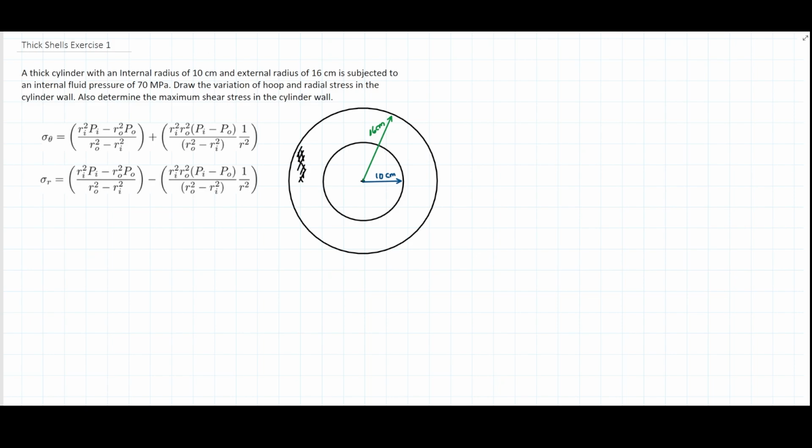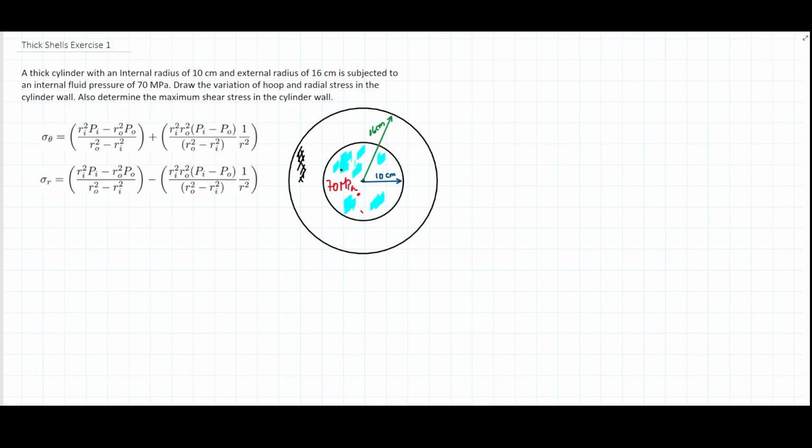The pressure is going to be in here, so the internal pressure is going to be 70 megapascals, all in this internal section of the cylinder.